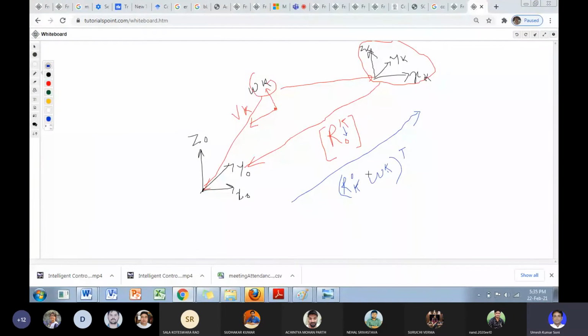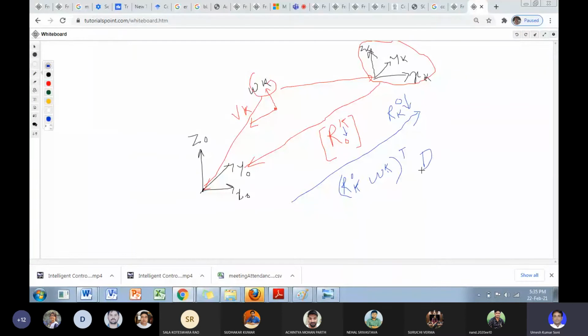This is the opposite rotation. So now we want to transform this, then we will multiply omega k with this matrix.